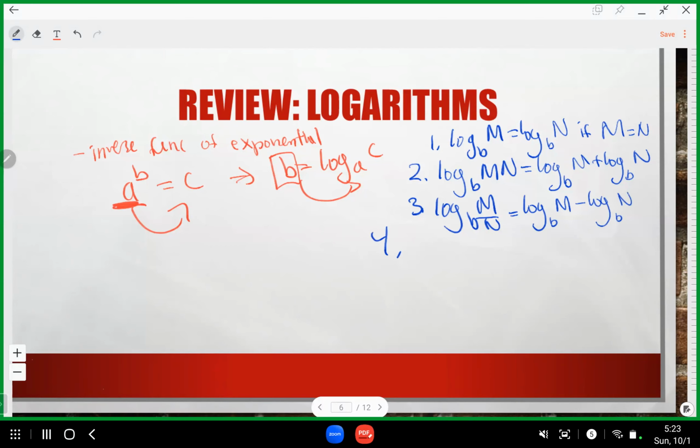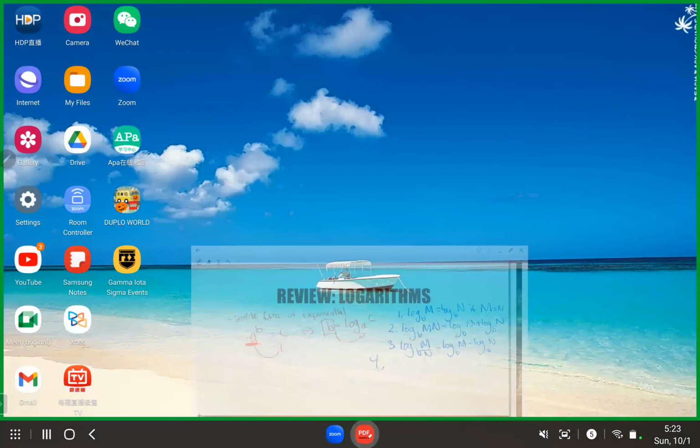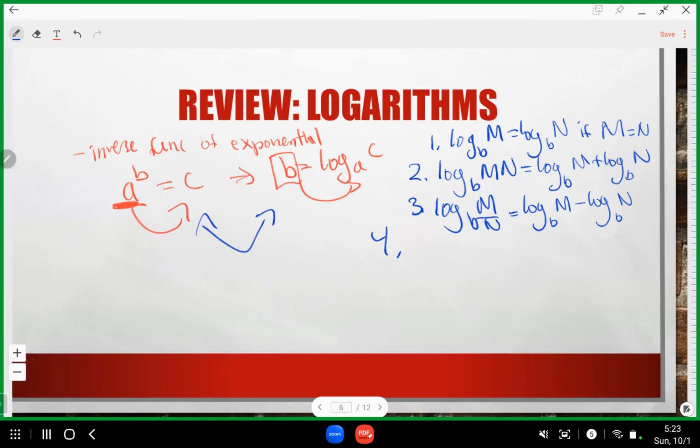Okay, so what else do we have here? We have a couple more that are important. Don't forget, we have a couple important ones that we can actually derive from the definition.